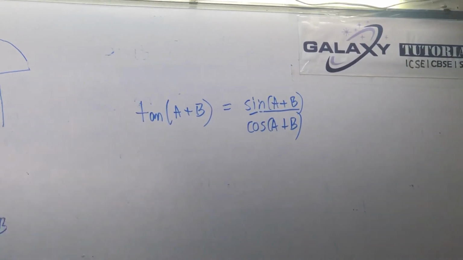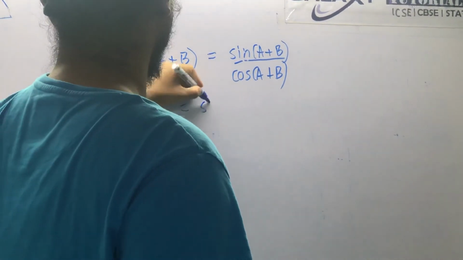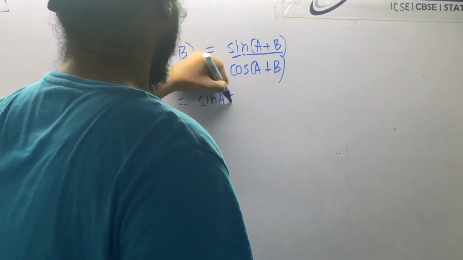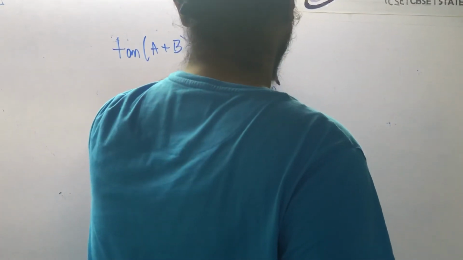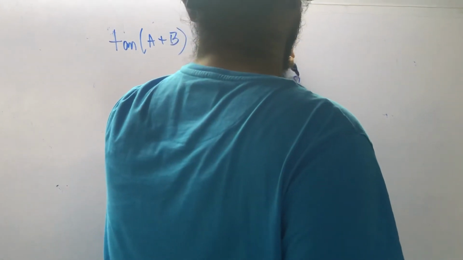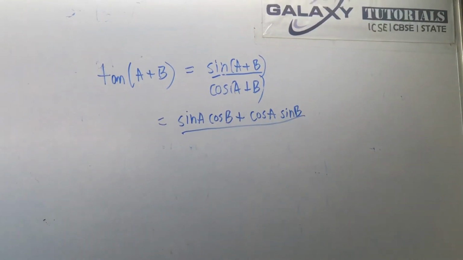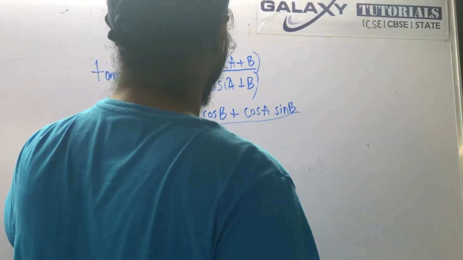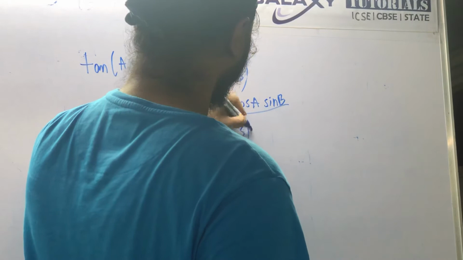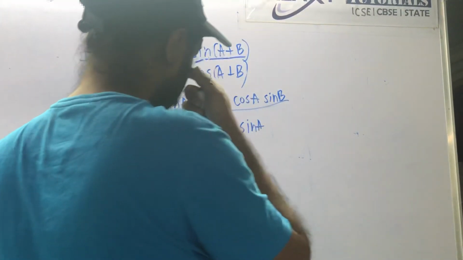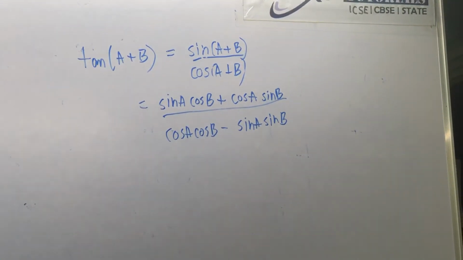Now sin(A plus B) we already found out the formula, and cos(A plus B) also we did that, but this is not written here. sin A cos B plus cos A sin B. cos(A plus B) is, we have done this before. Okay, now this is the denominator.